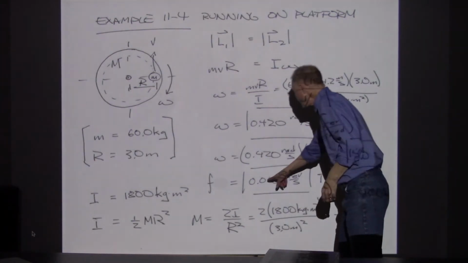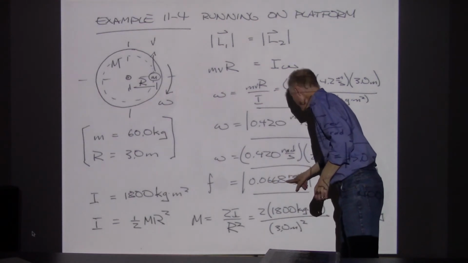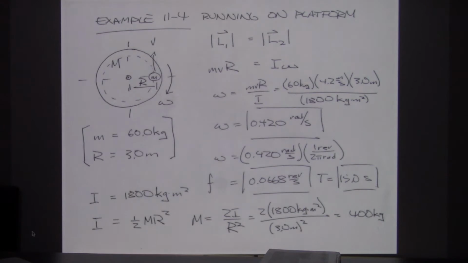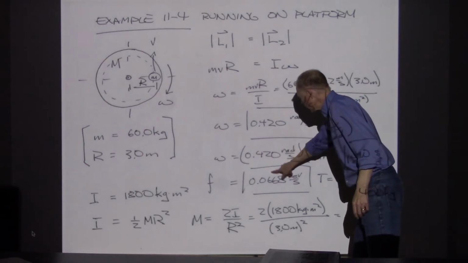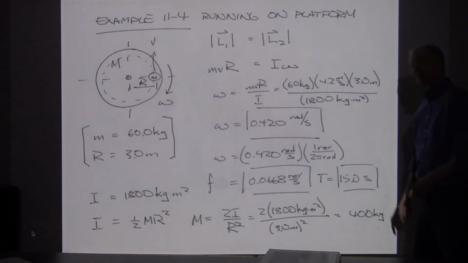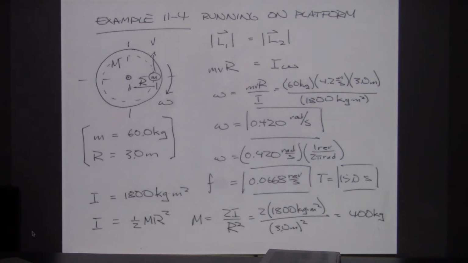And it's completing 0.0668 revolutions per second. Now that's kind of hard to think about too, and so I did the inverse. So the inverse of this number, 1 over 0.0668, gave me 15 seconds. So when the person's going at that speed, the platform is going to have a period of 15 seconds. It's going to be rotating every 15 seconds.